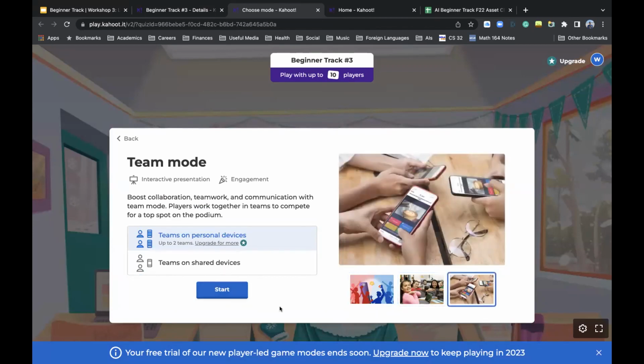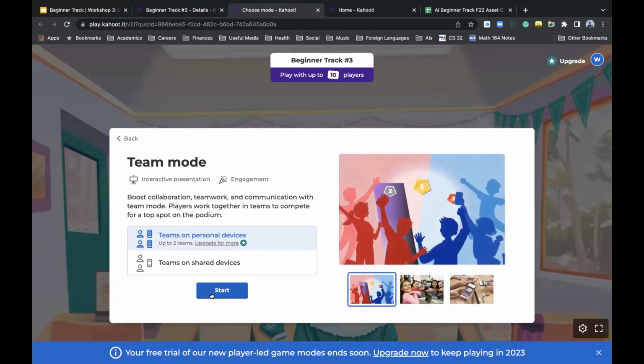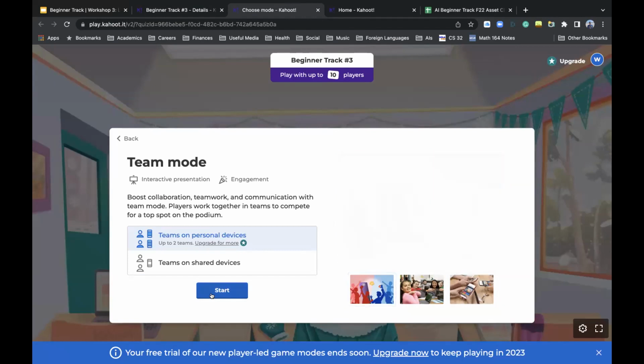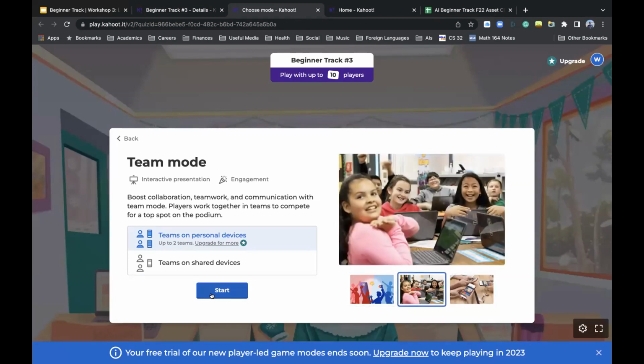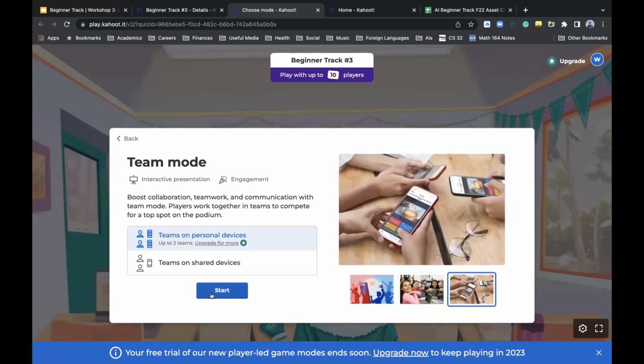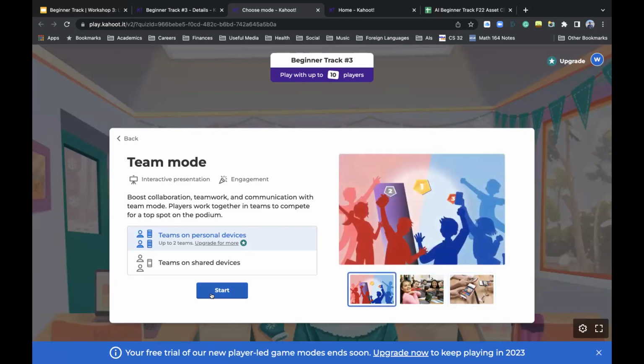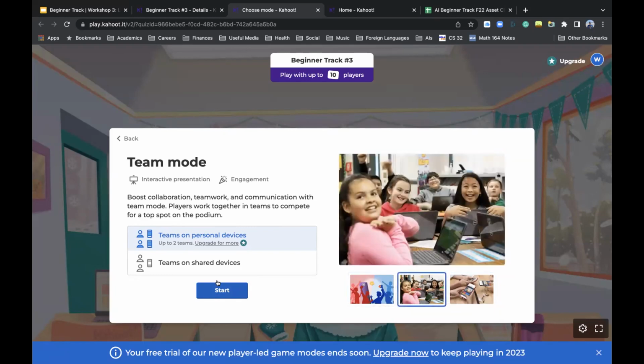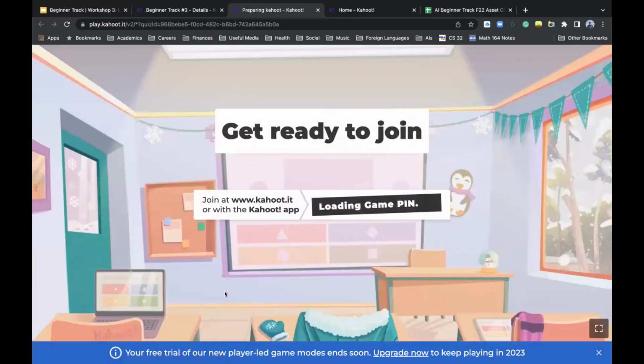No, I think we should do this. Maybe we should just wait. Is that premium? I think so. Oh, teams on a shared device. It is. Yeah. All right. Sorry about that.